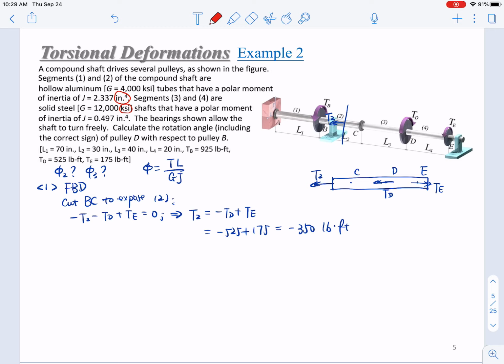Here you should be clear why we need this 1,000: ksi to psi.